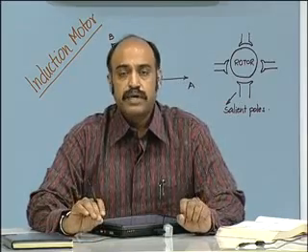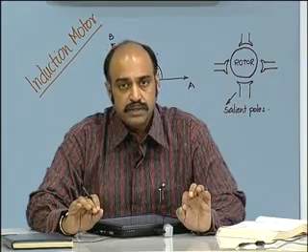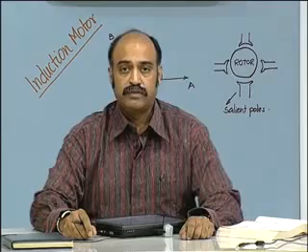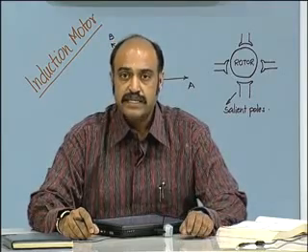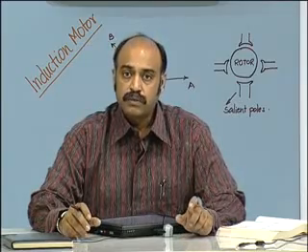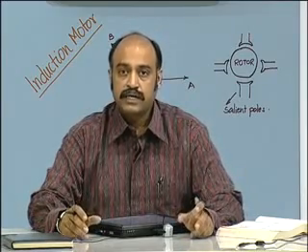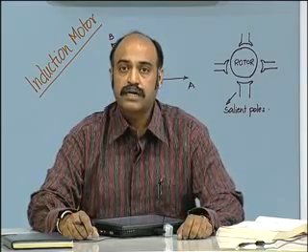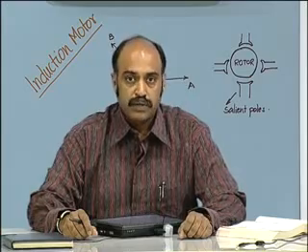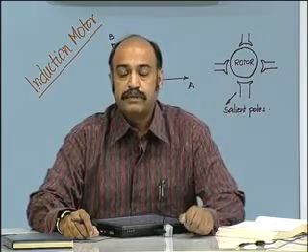And all the working principles and operating principles of the transformers are valid even in the case of the induction motor. You have Faraday's law of electromagnetics, E is equal to BLV, which induces the voltage on the rotor conductors and thereby a current in the rotor conductors by virtue of the relative motion of the rotor conductors with respect to the field inside the machine.